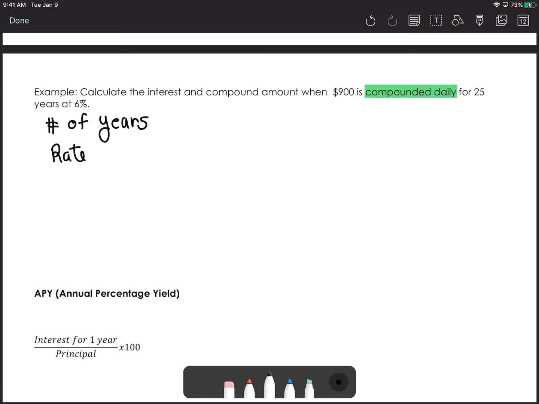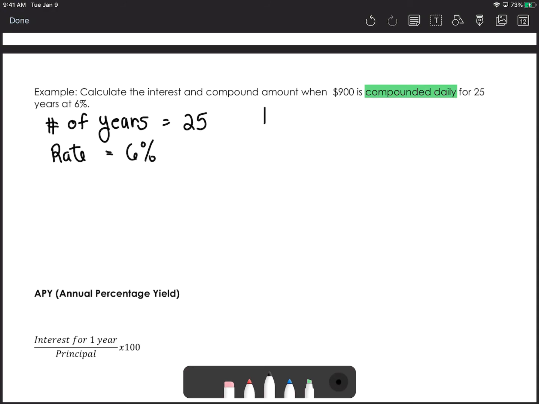Okay, so in this case, it's 25 years, and the rate is going to be 6%. So when you look at the daily table in your student handbook, you're going to scroll across the top and look for the percentage or the rate that says 6%. And then you're going to go down the column and look for the number of years, which will say 25.